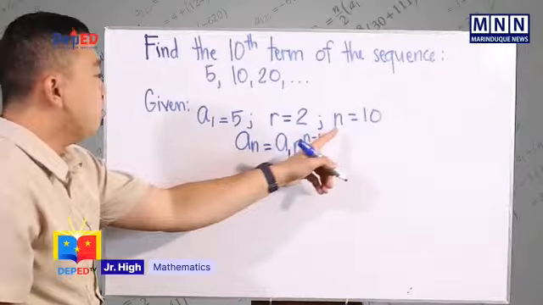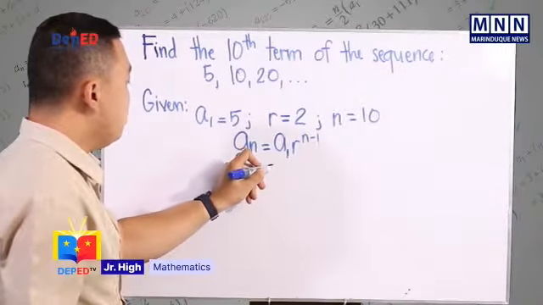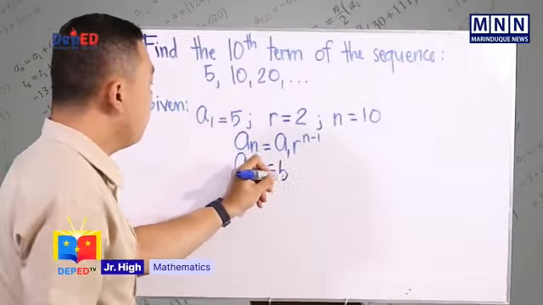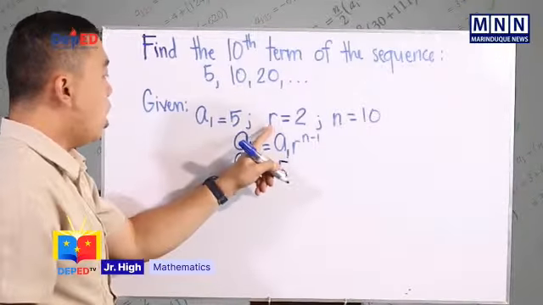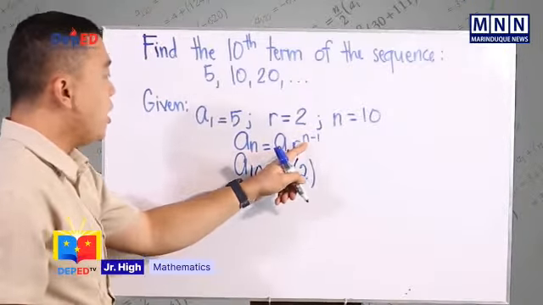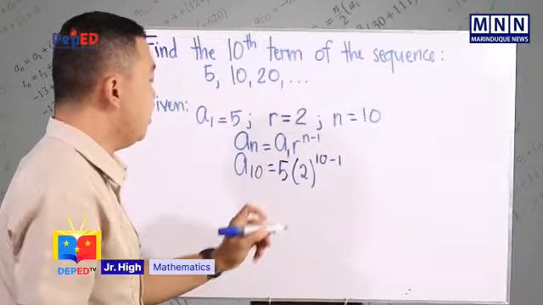Our a sub n will be a sub 10 equal to our a sub 1, which is 5, times our r, which is 2, raised to n, our n again is 10, so that's 10 minus 1.